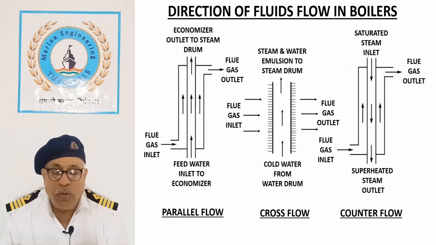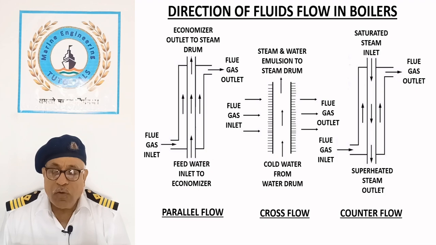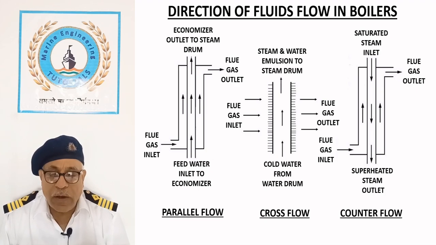Compared to parallel flow, counterflow is more efficient. It provides a more uniform temperature gradient, which ensures better overall heat transfer, maintains a consistent rate of heat transfer, and minimizes thermal stresses. In a counterflow arrangement, the outlet temperature of the cold fluid can approach the inlet temperature of the hot fluid.